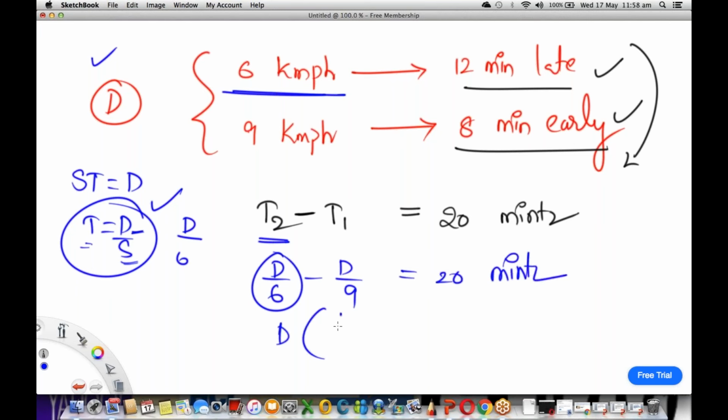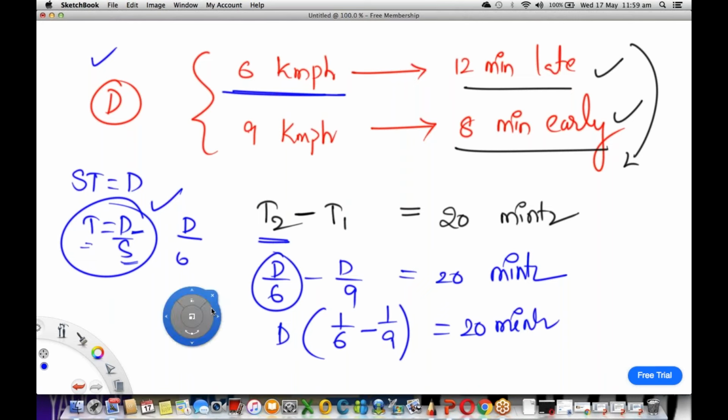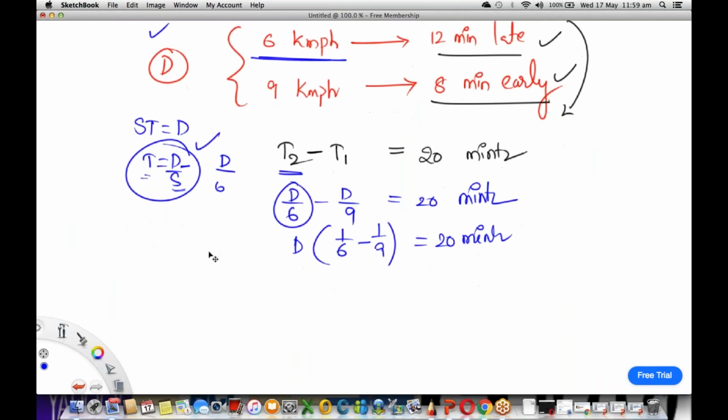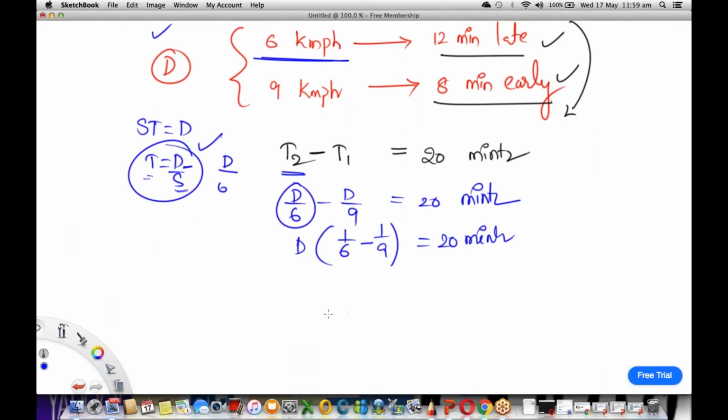So d times 1 by 6 minus 1 by 9 should be equal to 20 minutes. Let's check what 1 by 6 minus 1 by 9 is. Just go for the simplification.